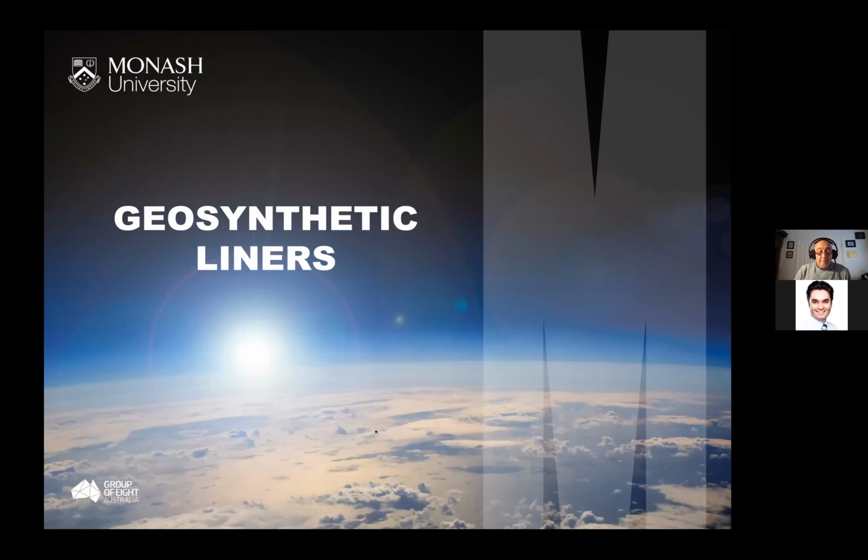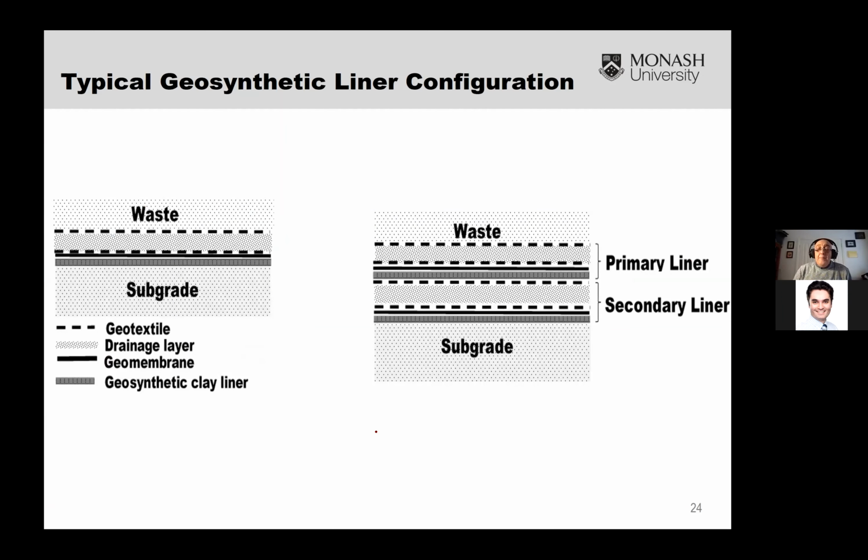Now, what are the implications of what we have discussed so far on geosynthetic liners? Typical configurations that we are all familiar with are shown here. You will have your single composite liner, and you have your double composite liner here, and your usual components: your geomembrane, your geosynthetic clay liner, as well as drainage systems and so forth.